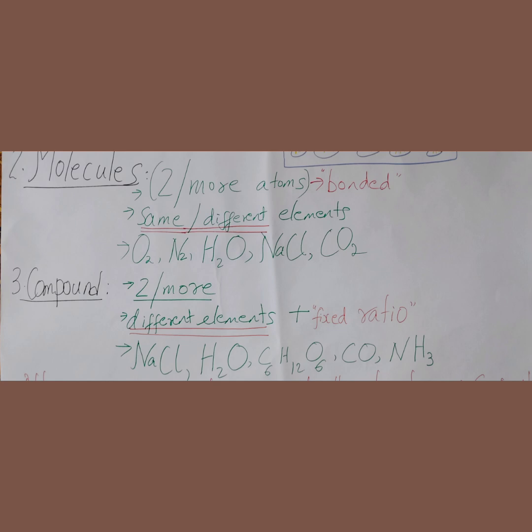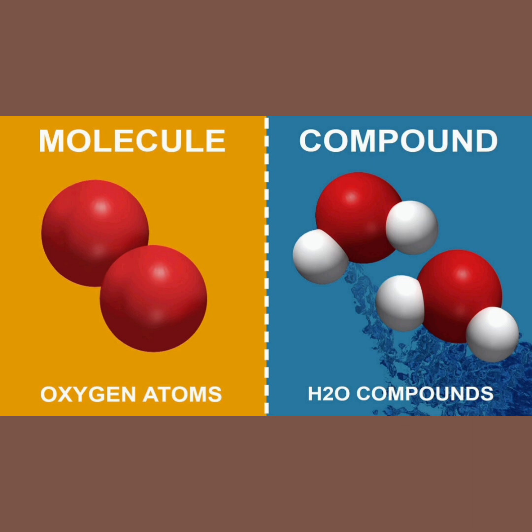But a compound is a type of molecule where different elements combine together in a fixed ratio. For example, water, H2O. It should always be 2 atoms of hydrogen and 1 atom of oxygen. If there is any difference in the ratio, then it would not be water anymore. It would change the composition and structure and everything.